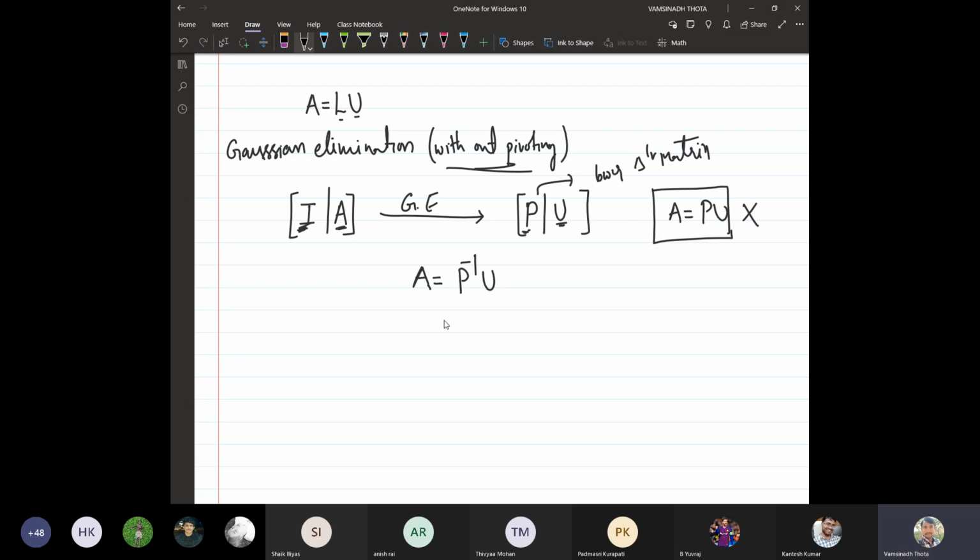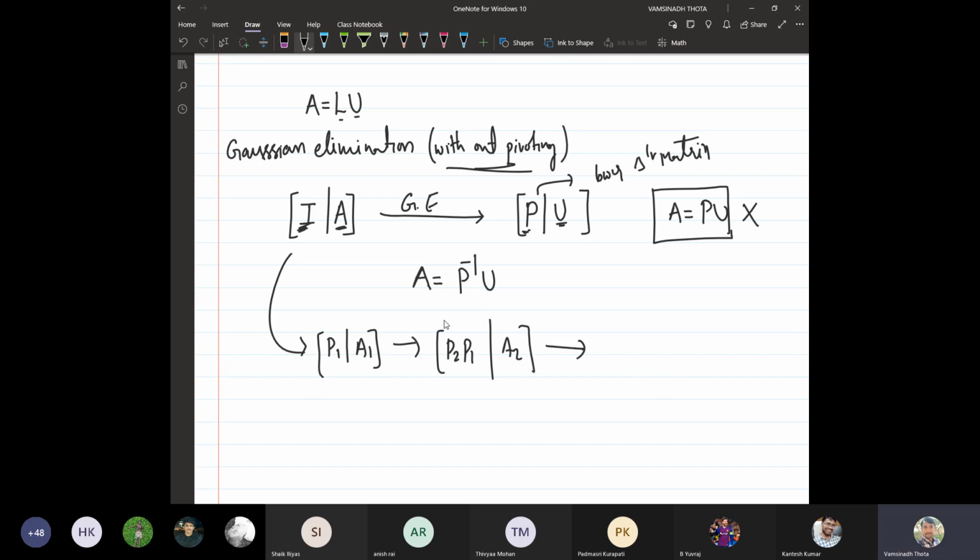But how do we get this P? We are not getting this P directly. In the process of converting, the first elementary row operation, this is P1, we will get and A1. And the next elementary row operations, P2 times P1, and then here we will get some A2.